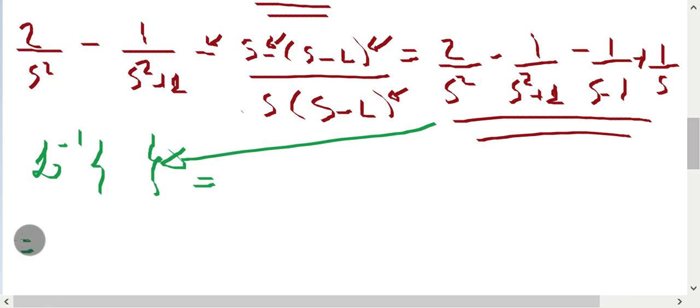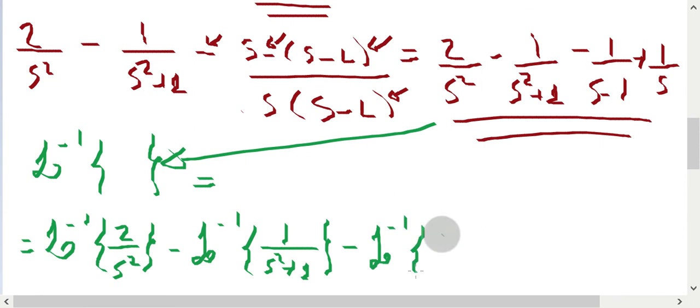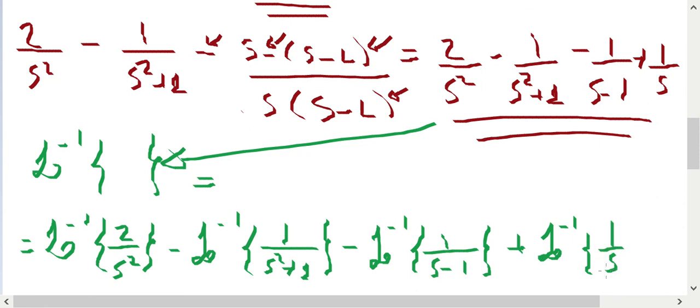So it will be equal to the inverse Laplace transform of 2 over s squared, minus the inverse Laplace transform of 1 over s squared plus 1, minus the inverse Laplace transform of 1 over s minus 1, plus the inverse Laplace transform of 1 over s.